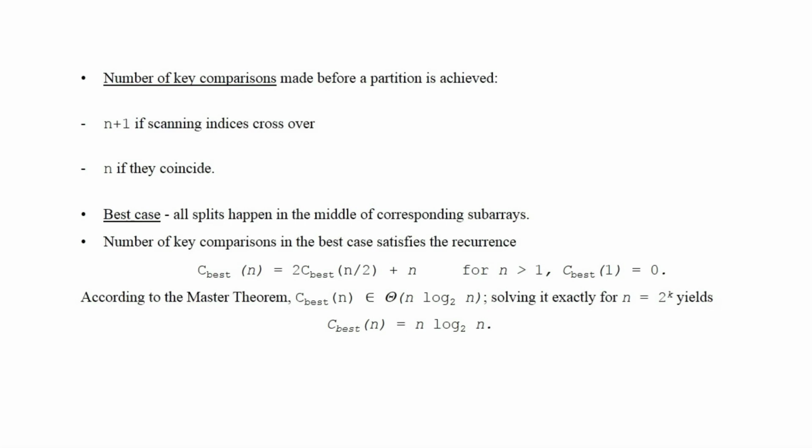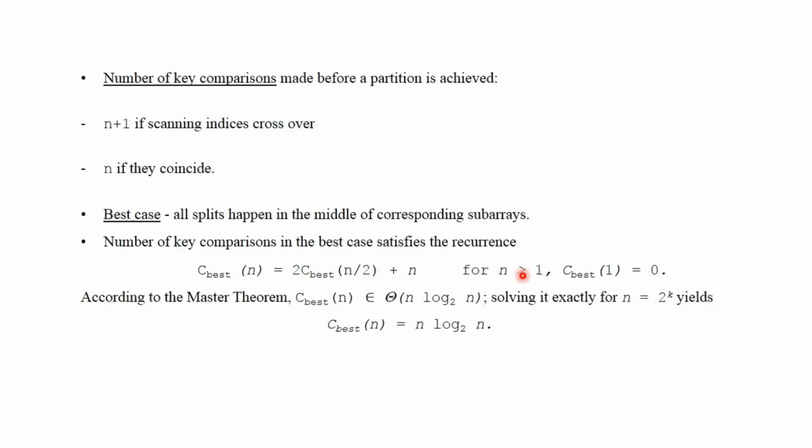So the number of key comparisons in the best case will satisfy the recurrence relation represented as C of n, suffix best to indicate the best case. Each time we are making two equal subarrays, so middle, so 2 times number of comparisons made in the case with n by 2 elements plus n.